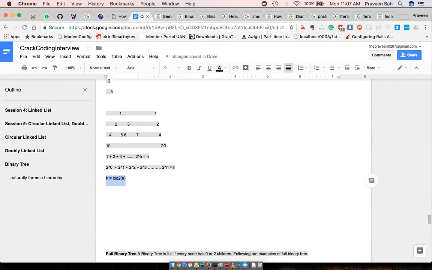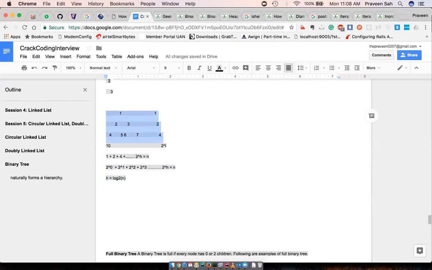Geometric progression, you can prove all this using that, but forget about the mathematics. If there are n nodes, then the minimum possible height is log of n. If there are 7 nodes, the minimum possible height is log of n.